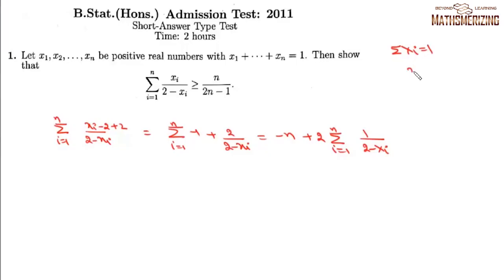Now we know that the sum of all xi's is equal to 1. That is, each xi is less than 1, which simply means that 2 minus xi is greater than 0. So this series is a sum of reciprocals of positive numbers.